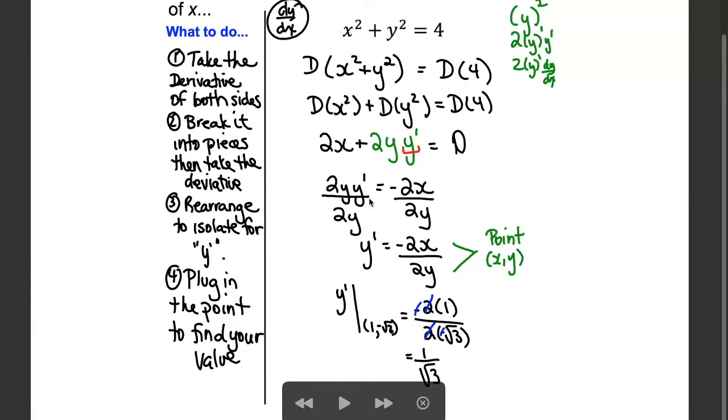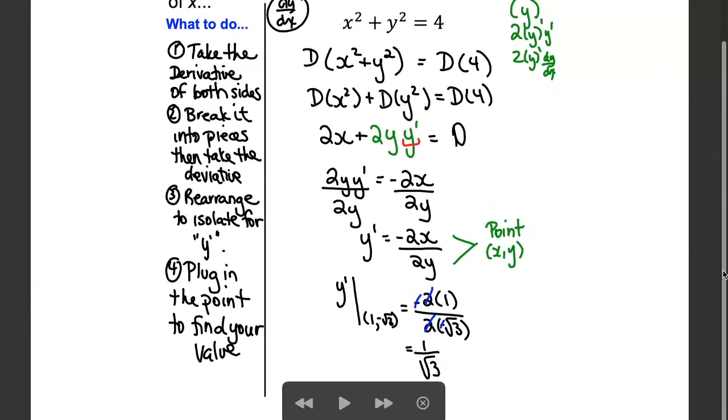And now I want to get the y prime by itself. So divide both sides by 2y. Sorry, I didn't do it here, but I could cancel the 2's. I get y prime is equal to negative 2x over 2y, or negative x over y. So if I had to simplify that, I could have taken that a little bit further.